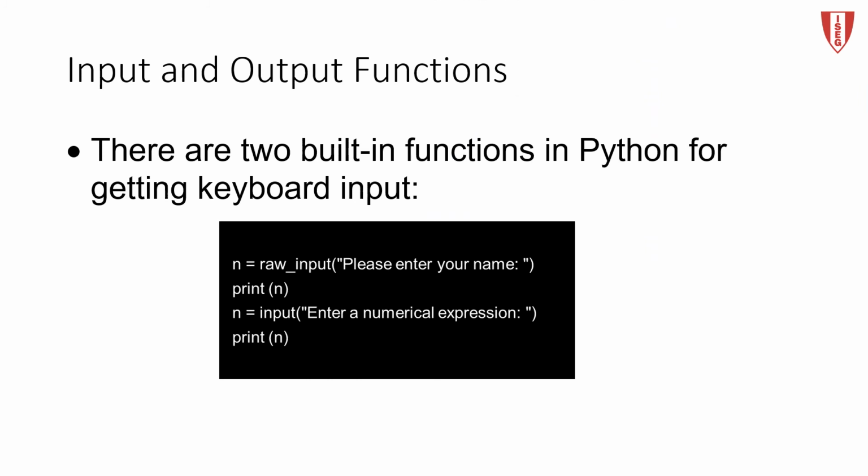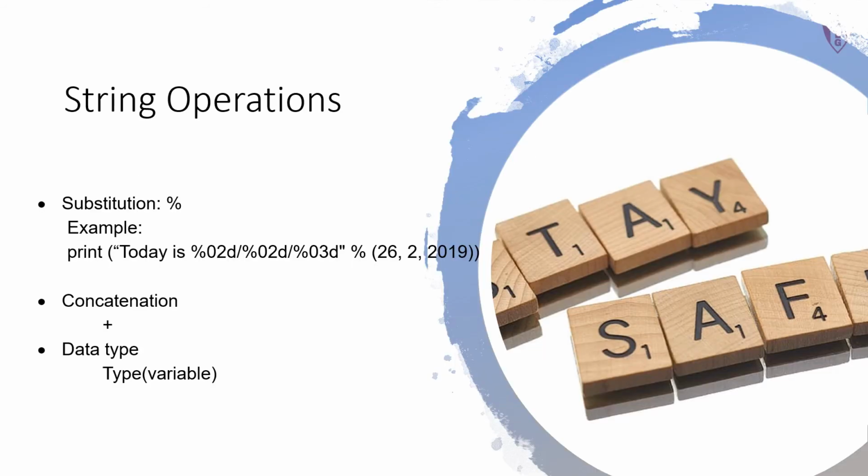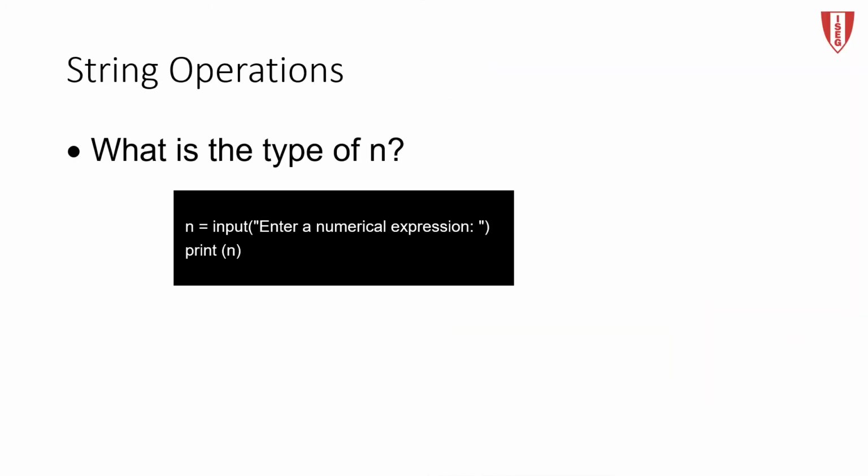There are two built-in functions in Python for getting keyboard input. In this example, it asks the user to write an expression and stores it in a variable called n. We may also perform several tasks manipulating strings. What is the type? In fact, it is a string.